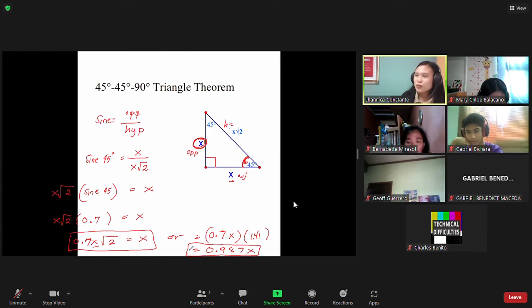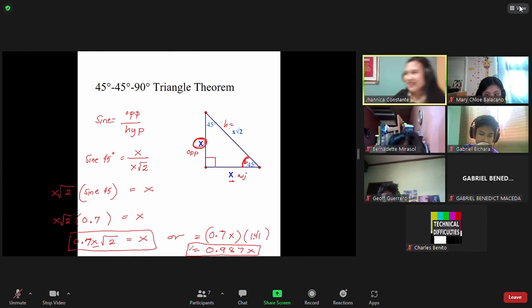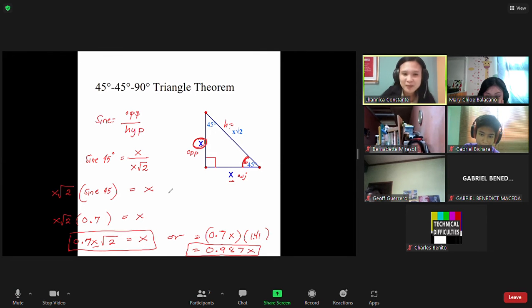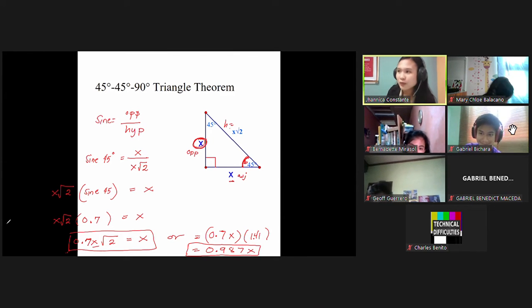So you can use radical form or a decimal form if we have a square root in the measurement of the side or in the angle of our triangle. It depends on what you want to use in your answer. I will accept both. Either you write it as a decimal, it's fine, or you write it as a radical form. It's okay.